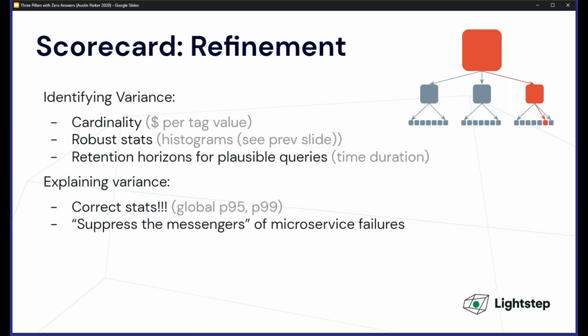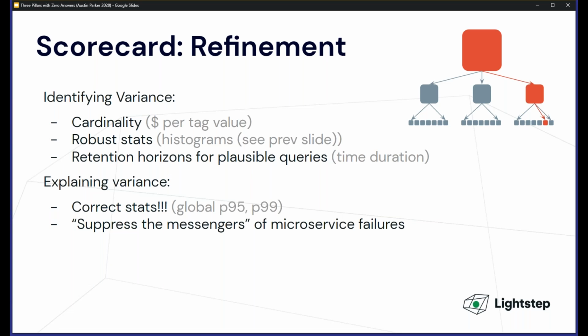If I don't have a system that tells me what I'm looking at compared to an hour ago or a week ago or a month or a year ago, then it's hard to answer that question of what's normal. A lot of time series data is trying to answer this question of normalcy, but I think there are maybe some better ways to understand that question. Again, under explaining variance, correct stats, we talked about that, so I'm not going to harp on it.